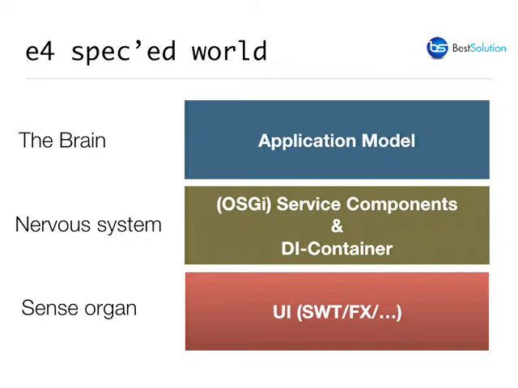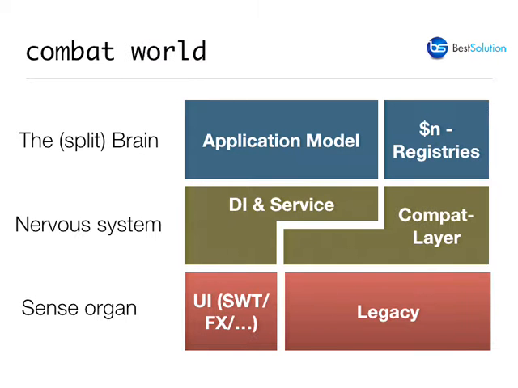And we have our sense organs, that's the UI: SWT, JavaFX, you name it. What the compat layer did, it violated that and created a split brain. Half the information is found in the application model, half is still found in various types of registries.